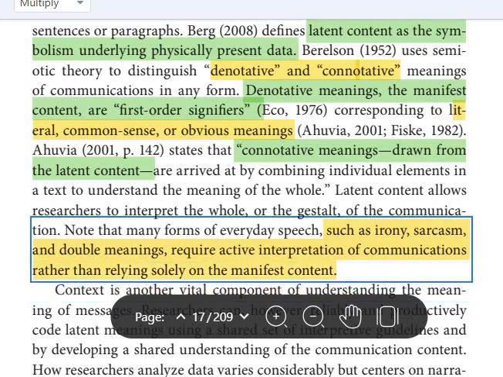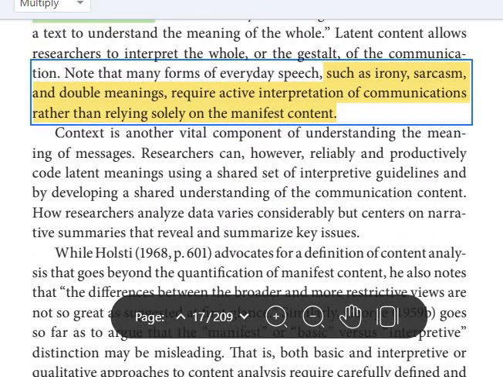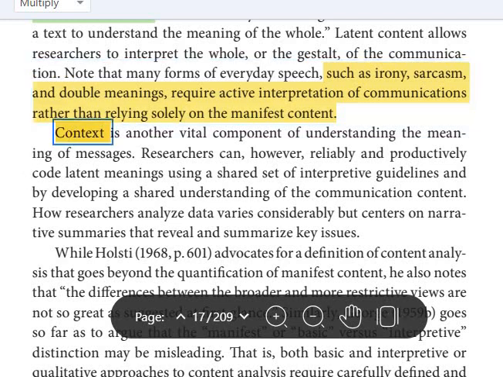So if you want to criticize a certain person, you don't say that he's deceitful, for example, or that he's complicated. You can use certain descriptions to express your intention. As for the context, this word is so important in the second and the third approaches. It is another vital component of understanding the meaning of messages.